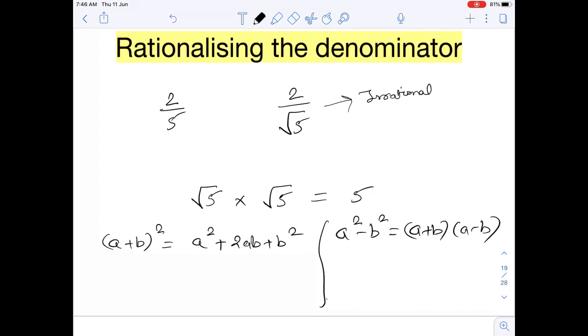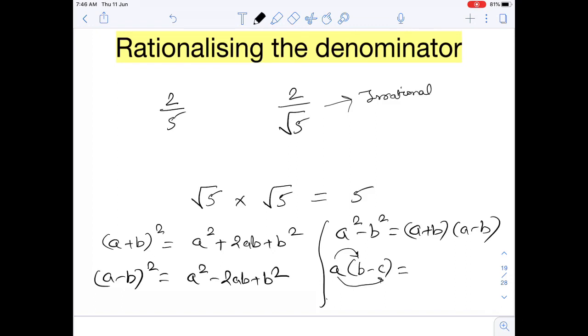The next rule, (a minus b) whole square can be written as a square minus 2ab plus b square. And finally, if a number a is present outside the bracket (b minus c), then we can multiply a with both the first term and the second term, that is, a into b minus a into c.